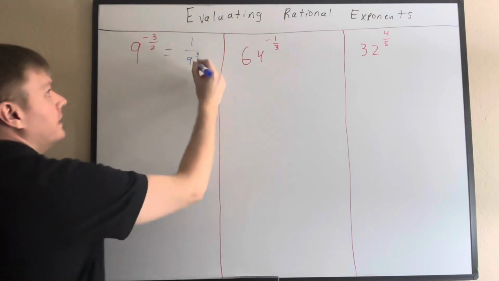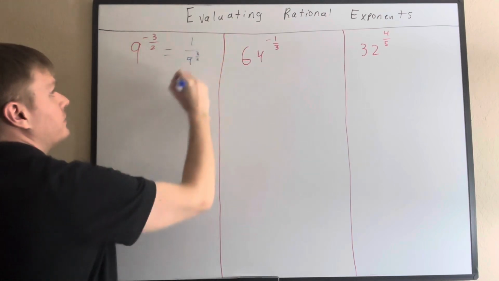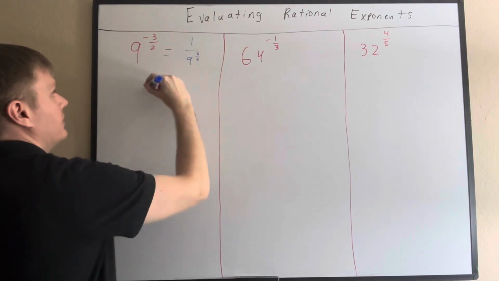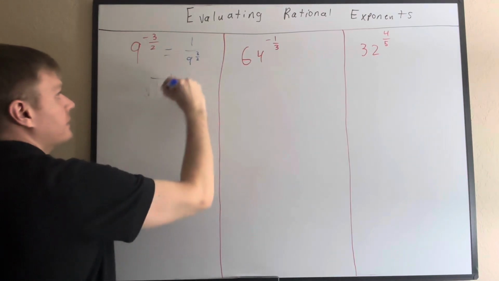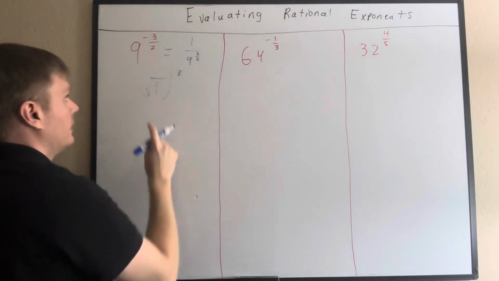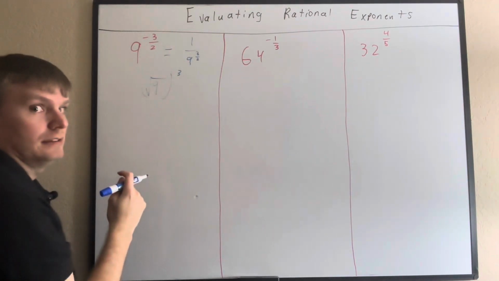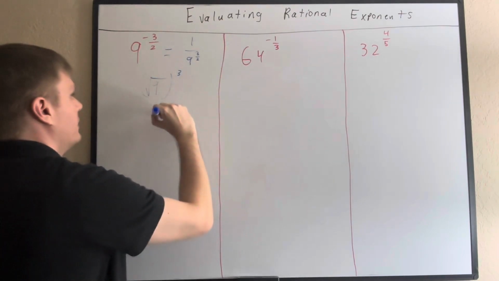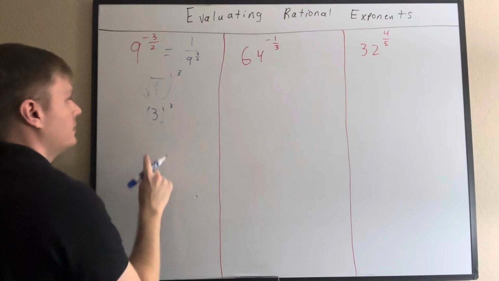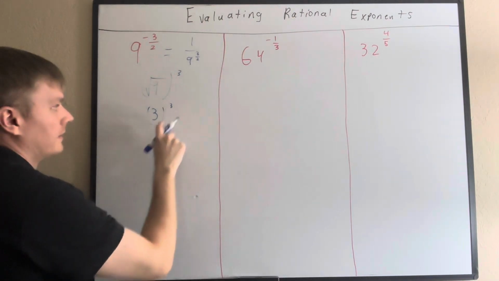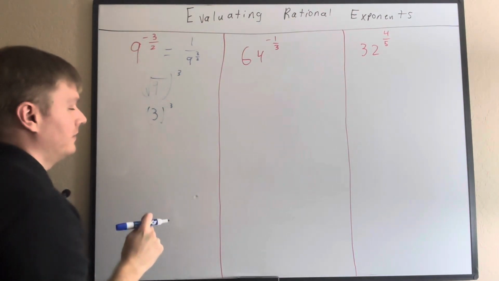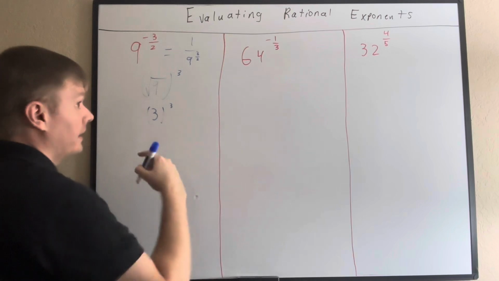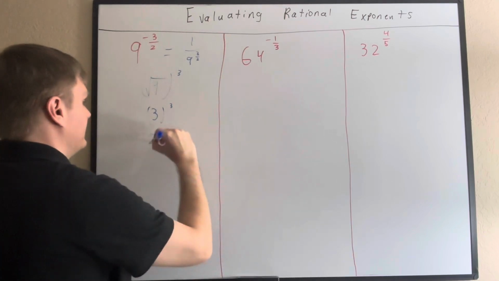All right. So now, 9 to the 3/2, that's the same as the square root of 9 cubed, right? Square root of 9 is 3. 3 times 3 is 9, right? Yeah. 3 cubed. All right, so now we've got to multiply by itself 3 times. 3 times 3 is 9 times another 3 is 27.